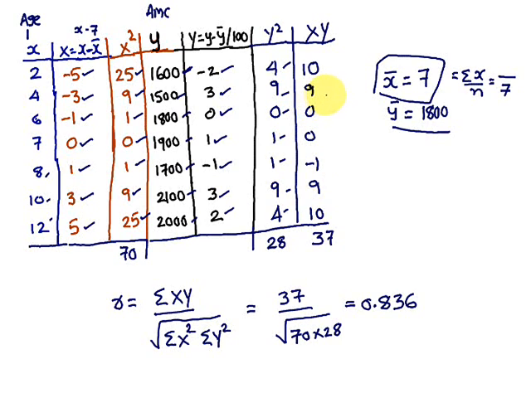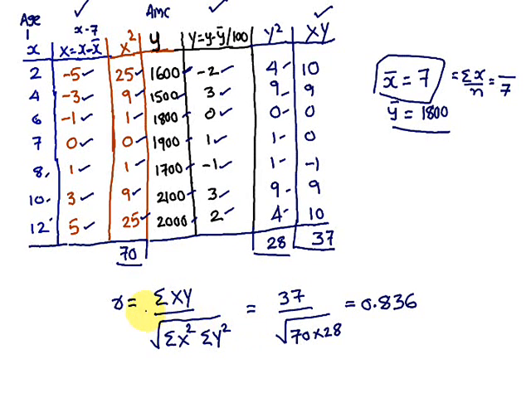X into y means this is the column x, this is the column y. If you multiply these, you are going to get x into y. The summation of this column is 37. Similarly, sigma x square value is 70, and sigma y square value is 28.